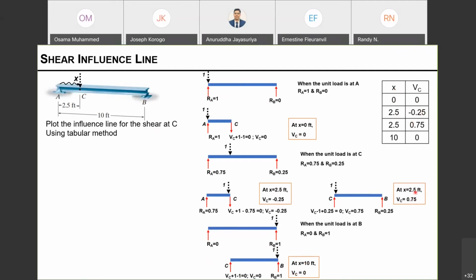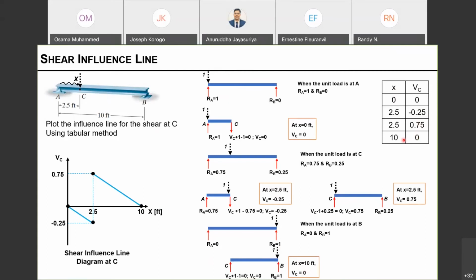When X equals 2.5 again, I have a positive shear, 0.75. And when X equals 10 feet, my shear comes back to 0. If we plot them, it comes from 0 to minus 0.25, then suddenly changes to 0.75 and drops back down to 0. This is called the shear influence line for point C.